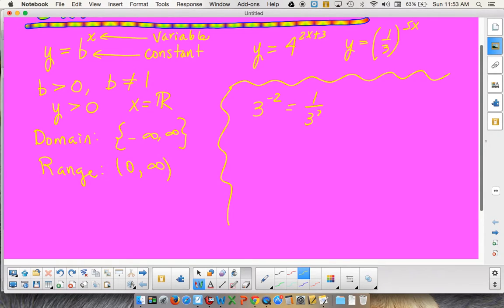That's really 1 over 3 squared, or 1/9. And vice versa, I also need to be able to give you something like 1 over 5 to the negative 3 and have you go, oh, hey, that's a negative power on the bottom. I can bring it to the top and make it a positive power. So that's the same thing as 125.